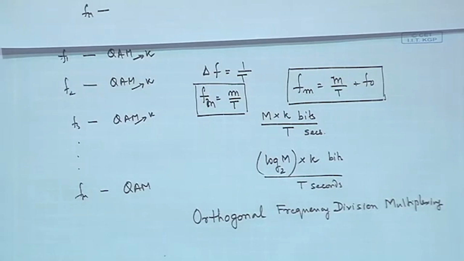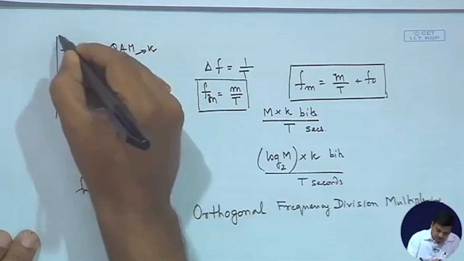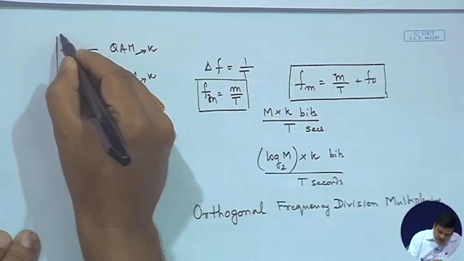multiplexing scheme. Now, you may have studied frequency division multiplexing schemes earlier, and in frequency division multiplexing you would remember that it requires some kind of a guard band between two corresponding frequencies, whereas here you do not have a guard band. In fact, the frequencies overlap with each other.